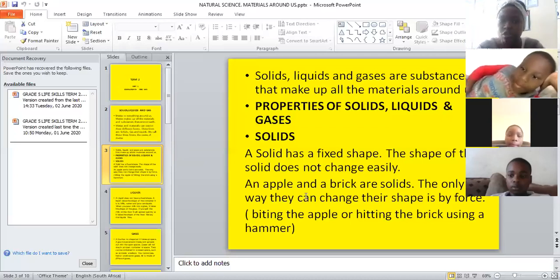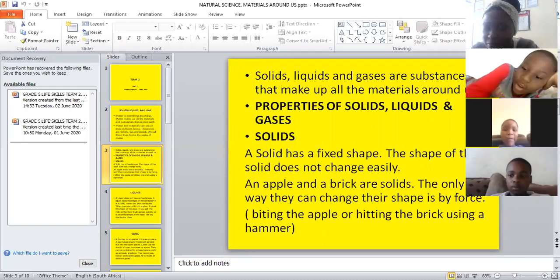Yes, Bukhali. Ma'am, unless you drop the rock on the floor, it might break in half. But if it's a hard rock, you won't be able to break it unless you use something hard like a hammer. Yes, ma'am.